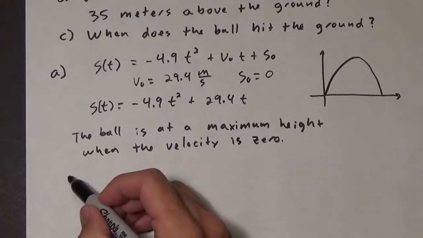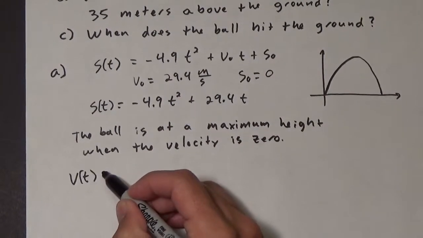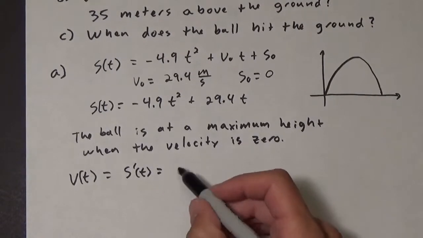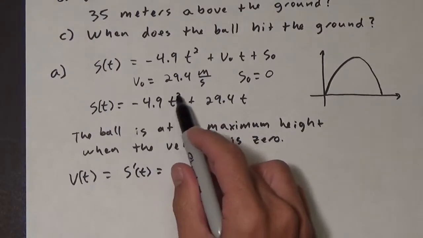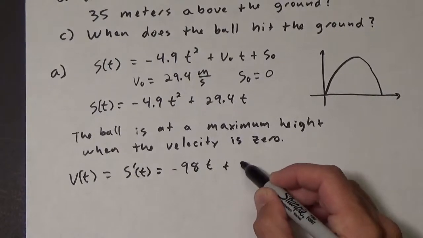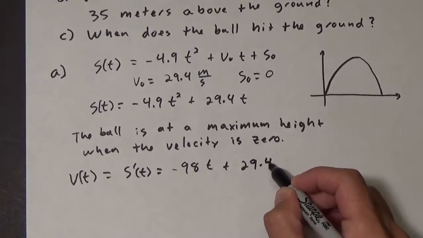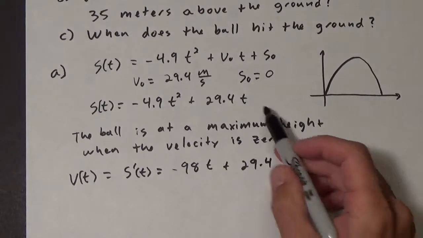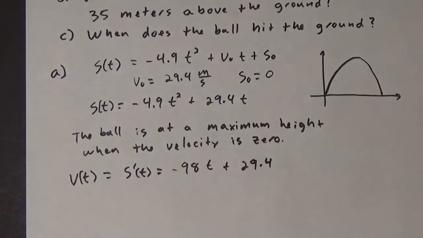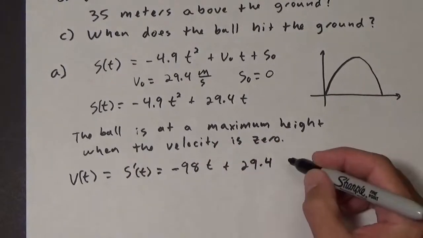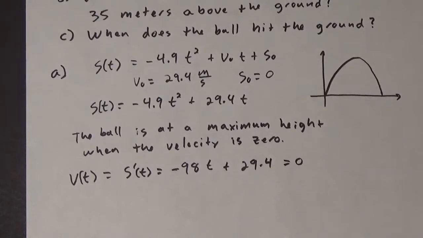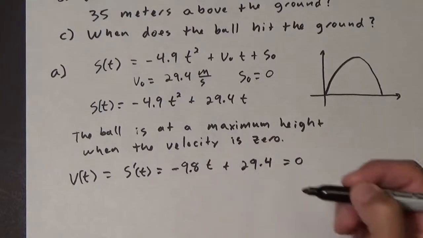So the velocity, v of t, which is the derivative of the position, is going to be, well, we take the negative 4.9 and multiply it by 2, so that's negative 9.8 t plus 29.4. So the derivative of t is just 1, and so we have the 1 times 29.4. Okay, so we set this equal to 0, and we solve.